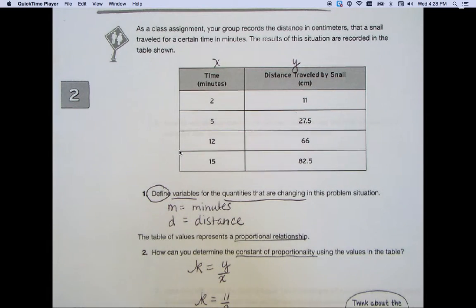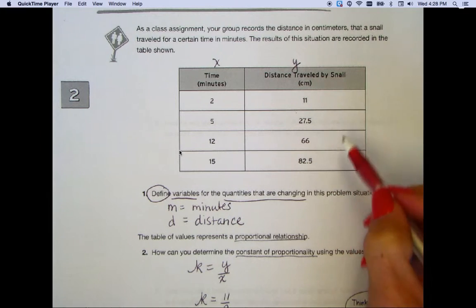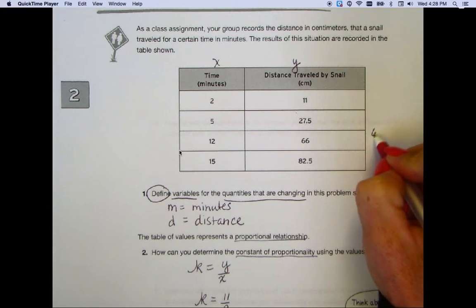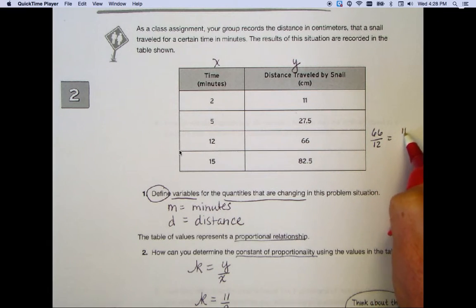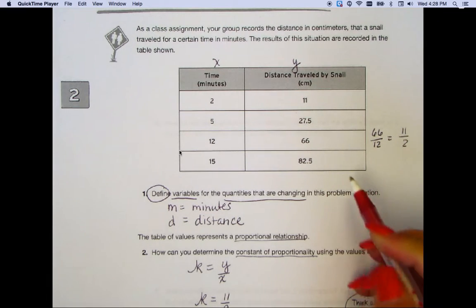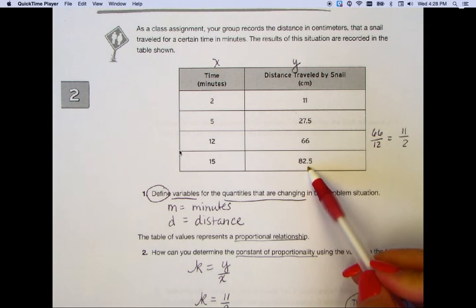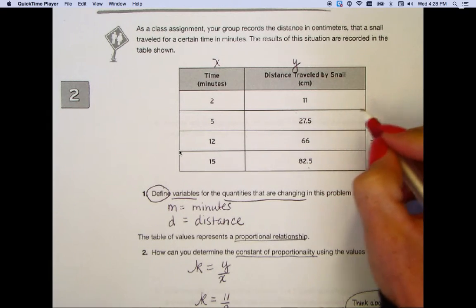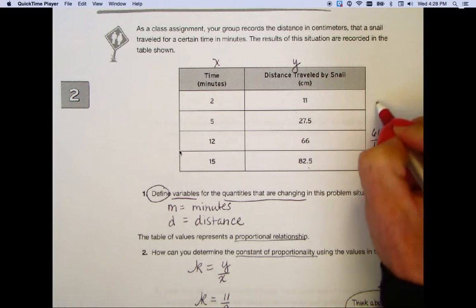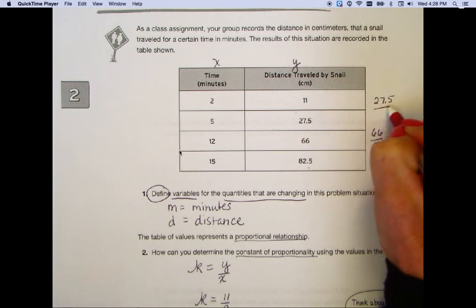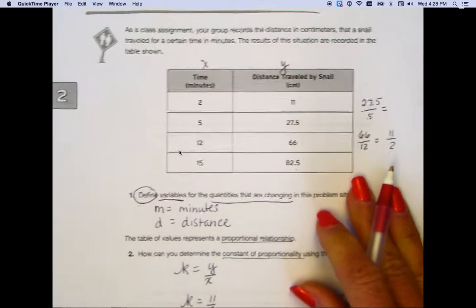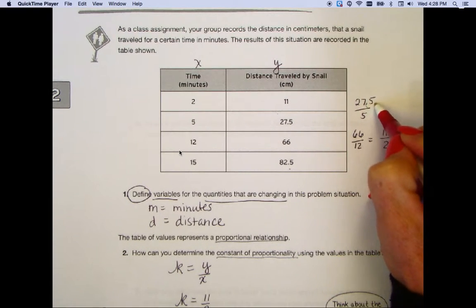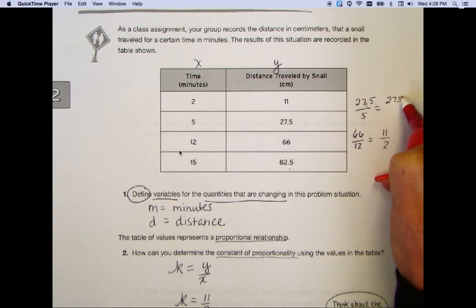Now I could check that with every single one of these. This would be another easy one to check. 66 over 12. I see 6 goes in here, 6 goes in here. It would actually work the same for these. I know they're decimals, so it makes it a little more complicated. 27.5 over 5. I don't like having decimals within fractions, so I'm going to move the decimal over and turn this into 275.